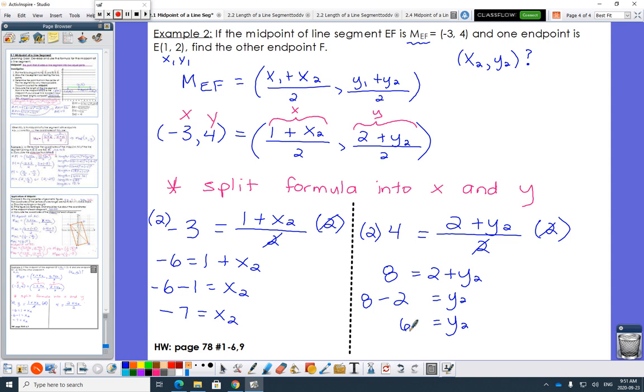Because on this side it cancels. Now, depending on how particular your teacher is, they could want you to put it in an ordered pair, with the communication marks.